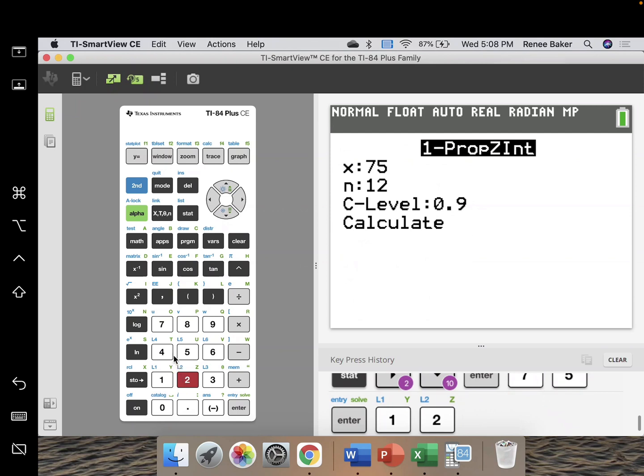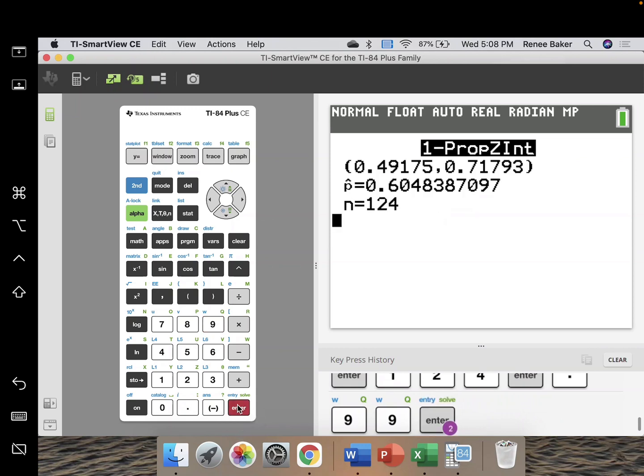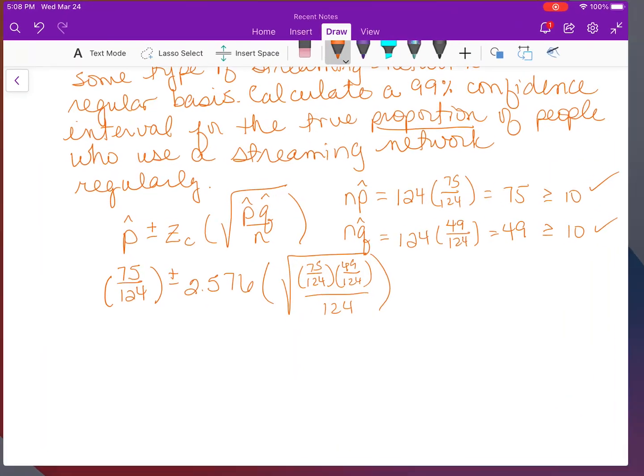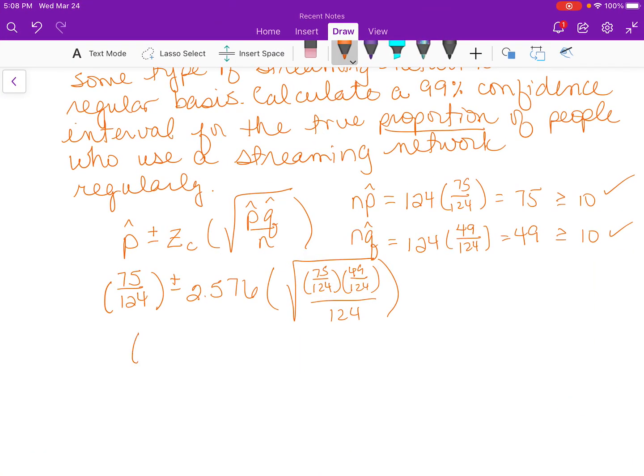N is 124. My confidence level is 0.99. And calculate. And that gives me my confidence interval. And you also see the p-hat there. So the confidence interval is from 0.492 to 0.718.